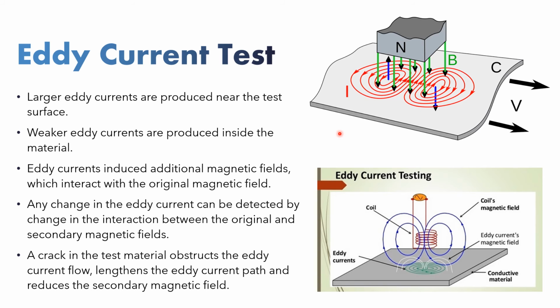Weaker eddy currents, so what it is saying is that you can see it inside of the part, okay? The larger ones are going to be on the surface. Eddy currents induce additional magnetic fields, and that's going to interact with the original magnetic field, meaning you can have another magnetic field on top of the first magnetic field.